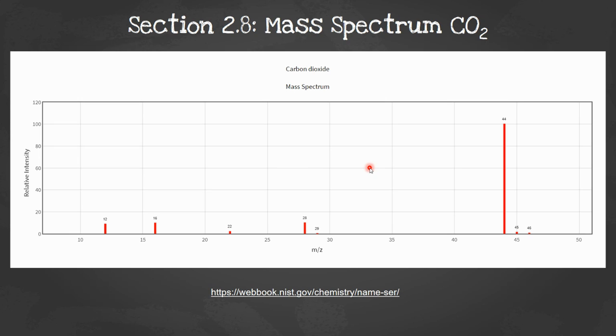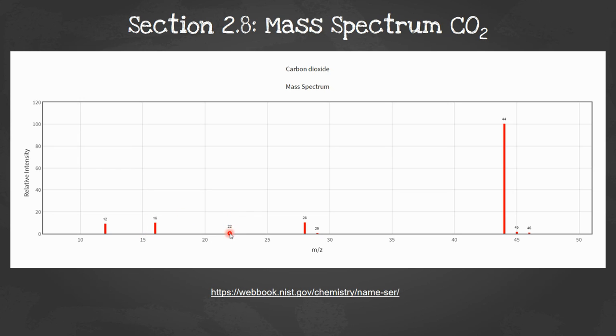CO2, this is very complicated, and I'm going to let you guys think about that one and decide what peak corresponds to what part of the CO2. Okay, so this is obviously carbon. This is going to be the oxygen.